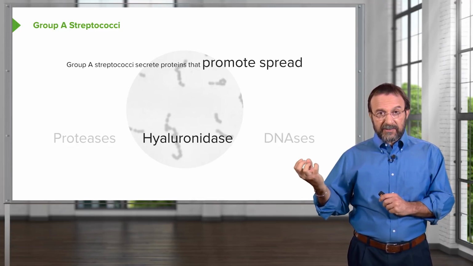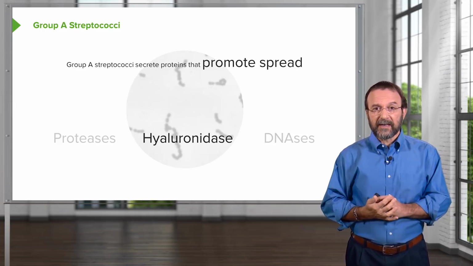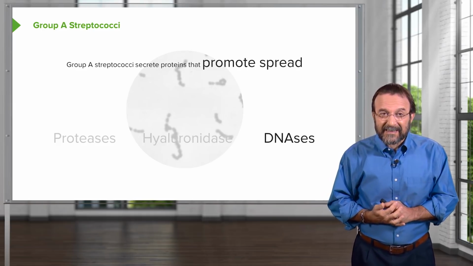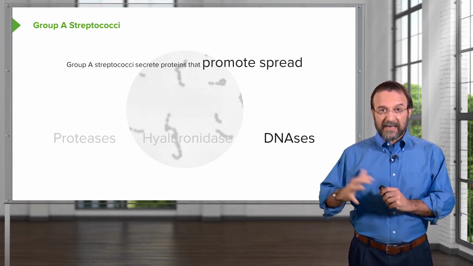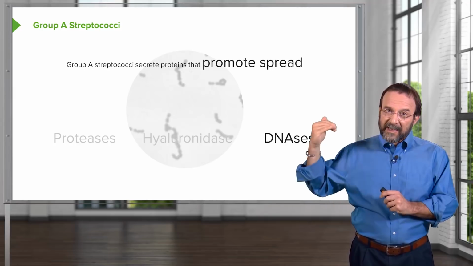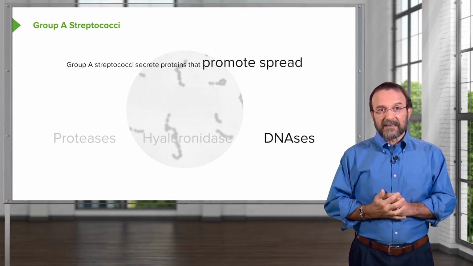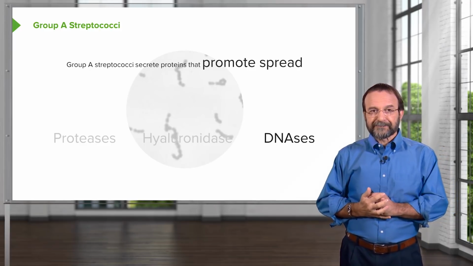And this is digested by hyaluronidase. It loosens up tissues and allows the bacteria to spread. And DNases. There's often extracellular DNA in tissues that makes it very thick, and it's difficult for bacteria to move through this. They make a DNase which chops up the DNA and allows free spread of the bacteria.